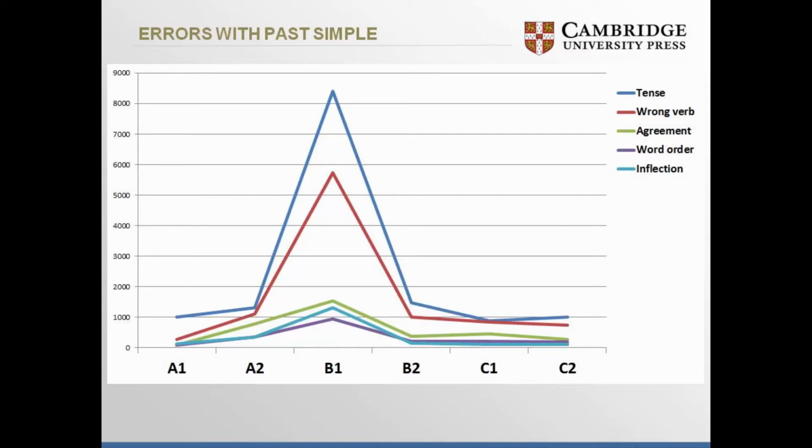You've got tense errors, the wrong verb, agreement errors, word order errors, inflection errors, and then it calms down again. B2, and you see flatlining again. So it gives you a troubling picture for B1 level when we look at errors in the past simple.